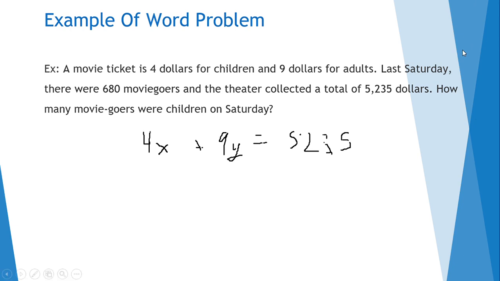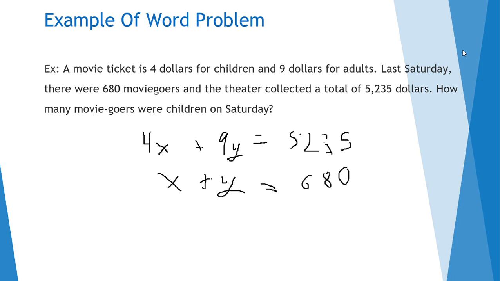And then in order to know how many total moviegoers there were, we need to add the number of adults and children. So we would get x plus y equals 680. Now, you can do substitution and you can do elimination on this. I personally like to do elimination because I think it's a little bit faster.